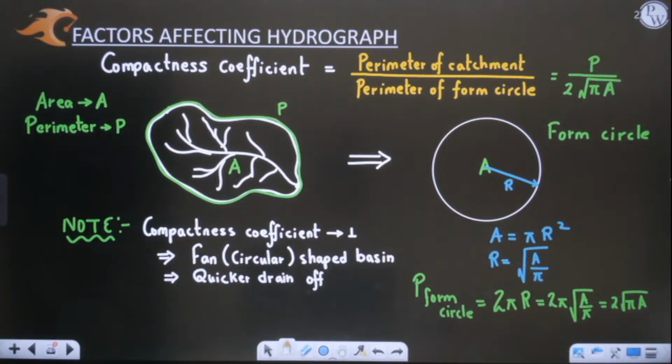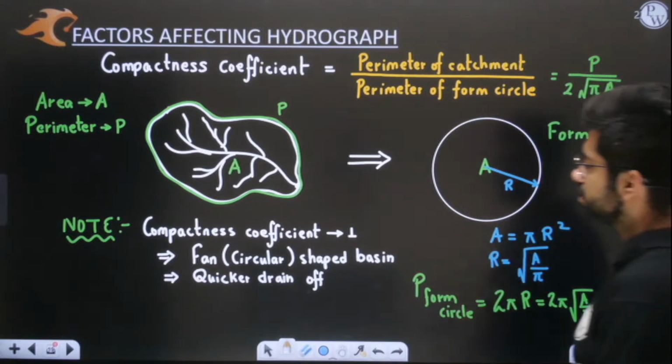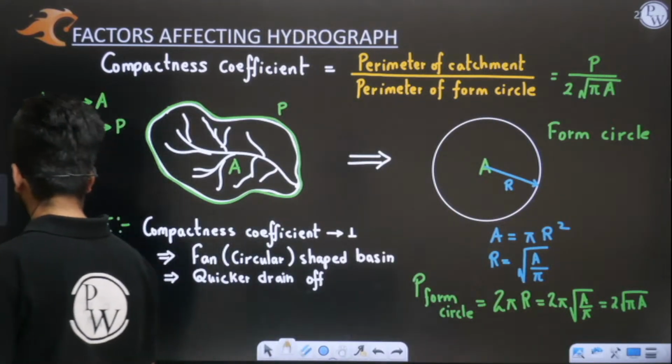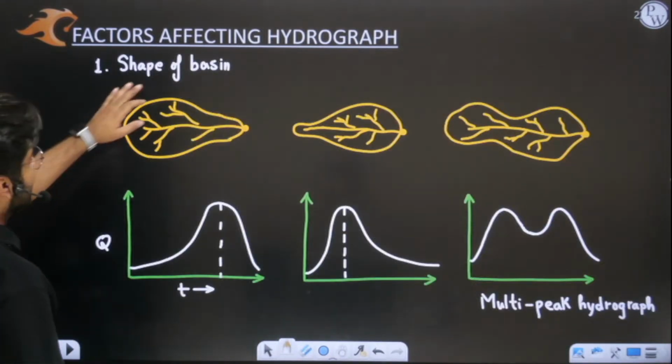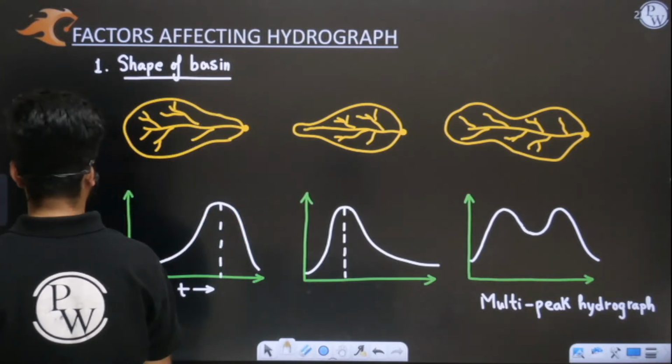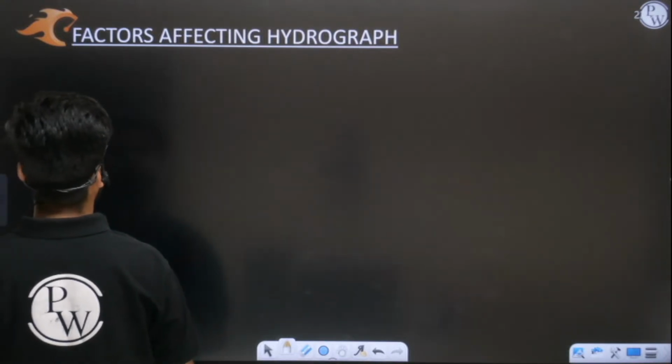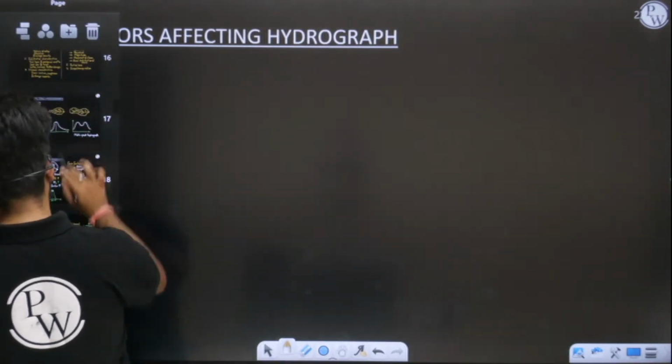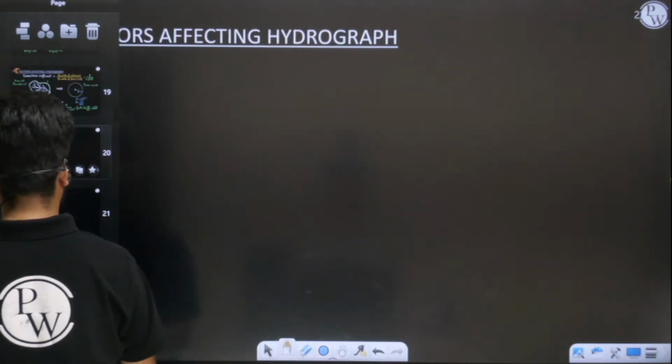So the first factor, which is shape of basin, is fully clear. Now we'll discuss the next factor, which is size of basin.